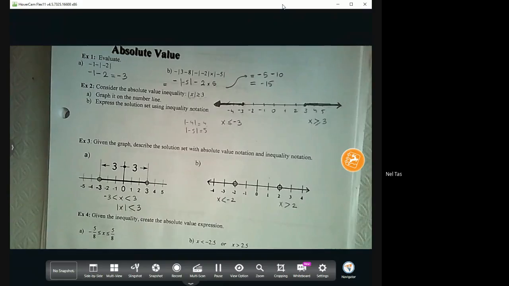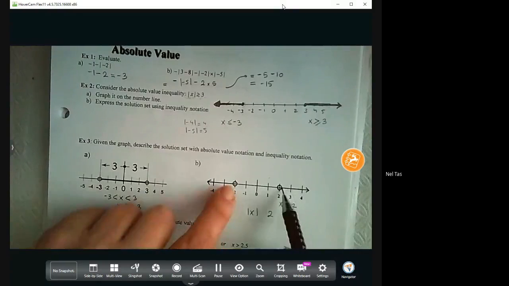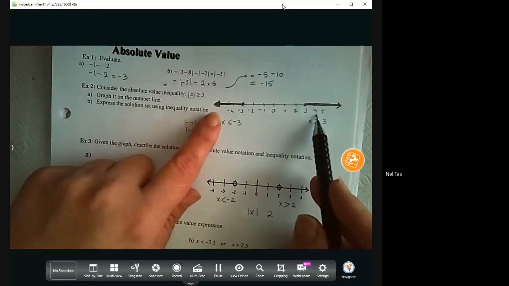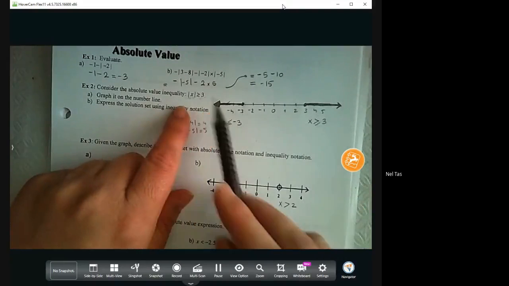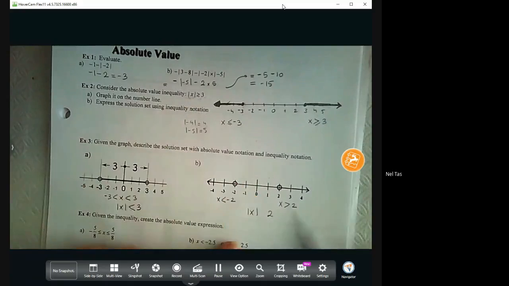Now we're going to write it with absolute value. So I should use the absolute value of x, and the other side is going to be a number. Now you should decide if you should put a less than or greater than sign. We are looking at the side just like this one. So x must be greater than 2.